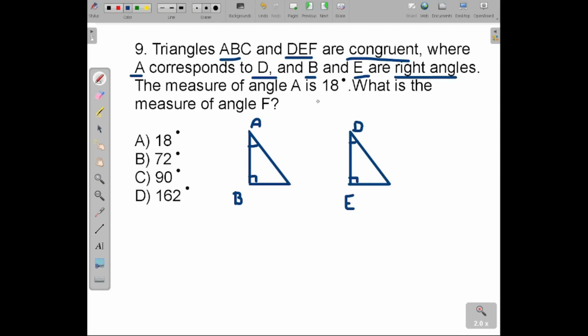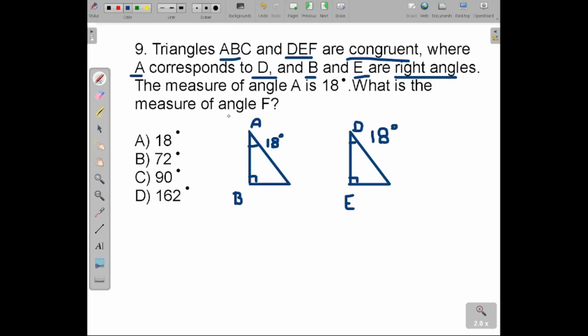The measure of angle A is 18 degrees. So we know that. And if A has 18 and corresponds to D, D has the same degrees, so 18 degrees.